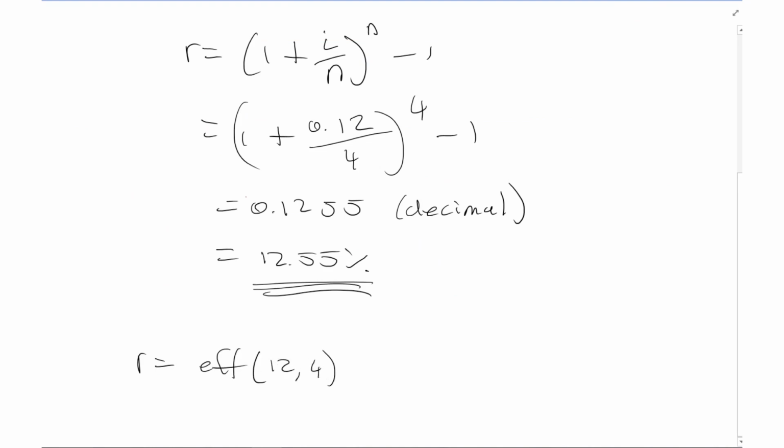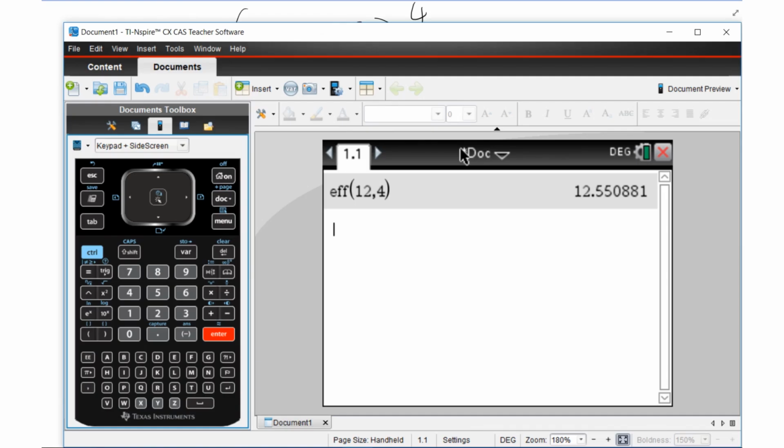Okay, while we're on that, let's quickly type EFF. EFF bracket 12, so it's still 12%, comma, and let's say I'm paying monthly, so that's going to be 12 there. And so my effective interest rate there is 12.68.